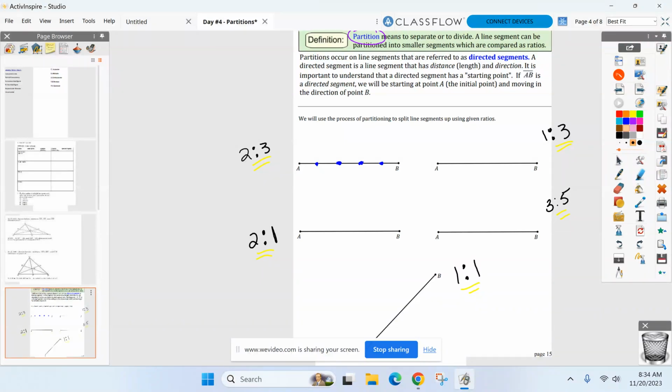Which of these 6 points would break this line segment up into 2 congruent to the left, 3 congruent to the right? Only one does the trick. And hopefully all of you are pointing to this one right here. 2 to the left, 1, 2, 3 to the right.